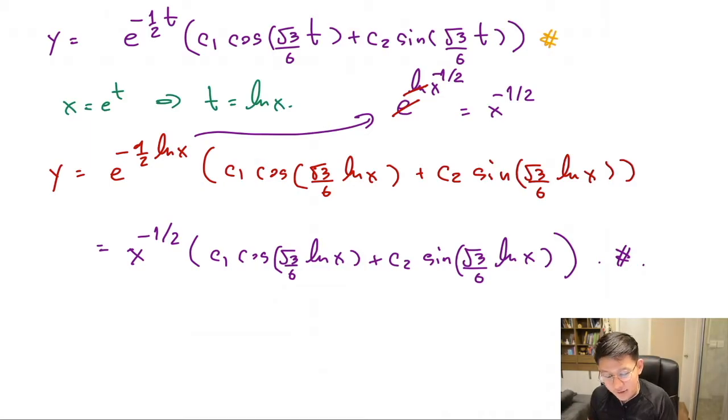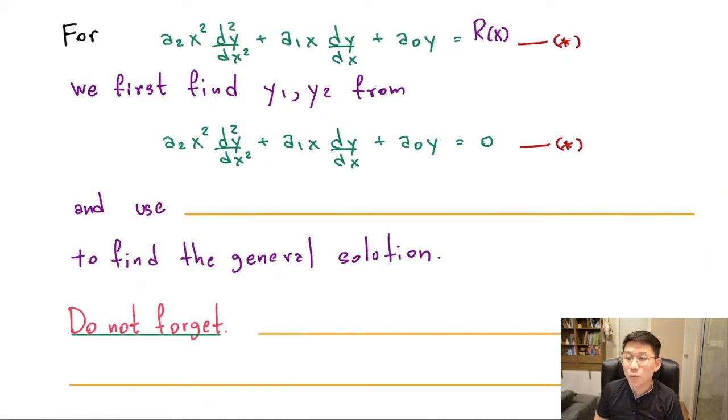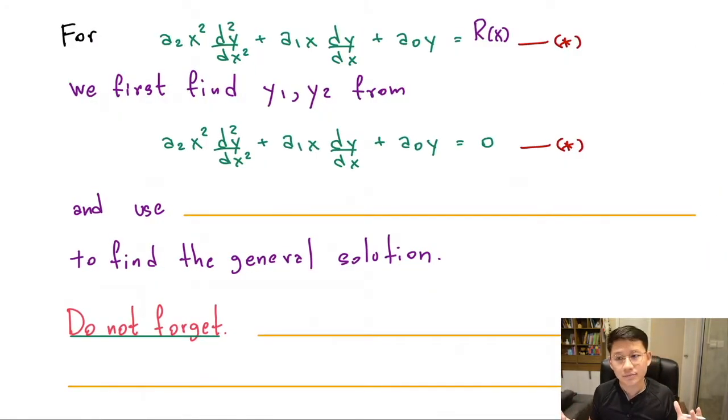Next, guys, what should we do if we have R(x)? Let's say R(x) is not 0. The first case we looked at is when R(x) is 0. But how about if it's not 0? We can first find y1 and y2 from here, right?